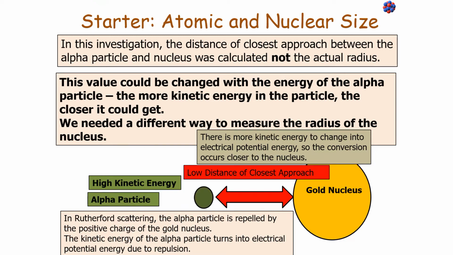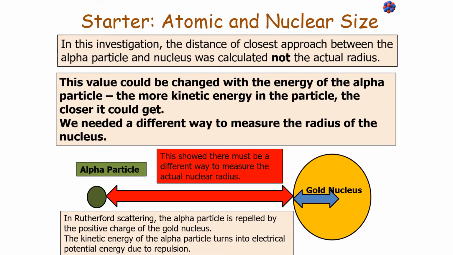Whilst if your alpha particle has a high kinetic energy, you've got a small distance of closest approach because there's more kinetic energy to change into electrical potential energy, so the conversion would occur closer to the nucleus. So this shows that we can't get one standard value for the nuclear radius by this method, because it depends on the kinetic energy of the alpha particle, so a different way is needed to measure our actual nuclear radius.